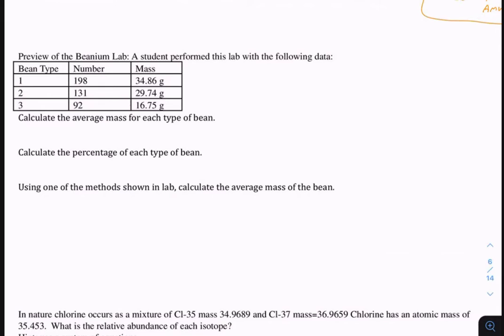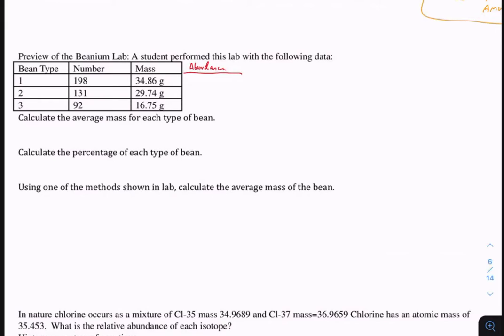Okay, and they give you the number of each, and they give you the mass. Now, this mass that they're giving you is the total mass for that sample. Okay, so let's add some new columns here. Abundance. So I need to figure out the total number here so I can do an abundance.